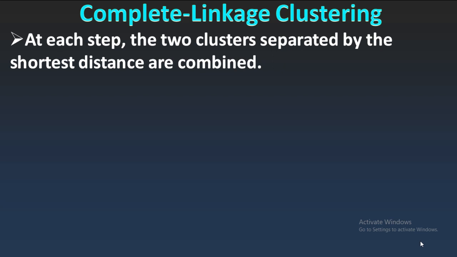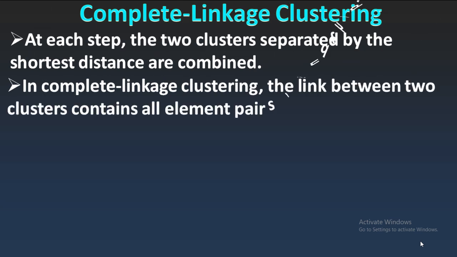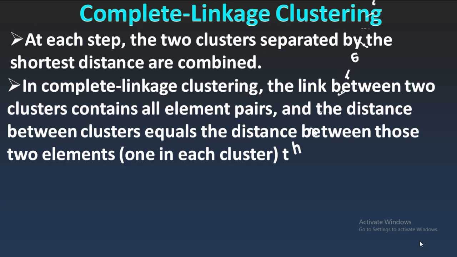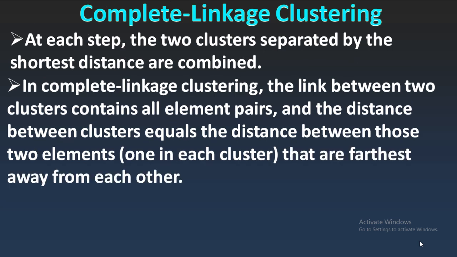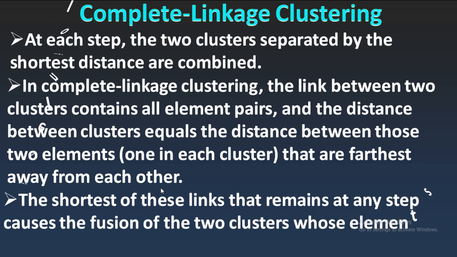In complete linkage clustering, the link between two clusters contains all element pairs, and the distance between clusters equals the distance between those two elements, one in each cluster, please remember, that are farthest away from each other. The shortest of these links that remains at any step causes the fusion of two clusters whose elements are involved.